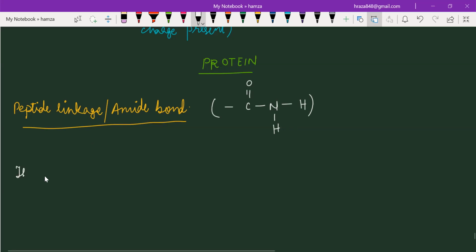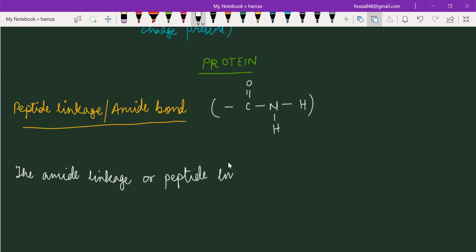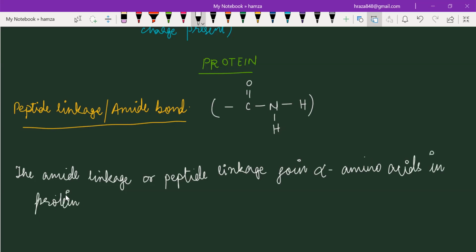So basically the amide linkage or peptide bond, or we can write peptide linkage, amide linkage, joins alpha amino acids in protein, that is basically called peptide linkage.